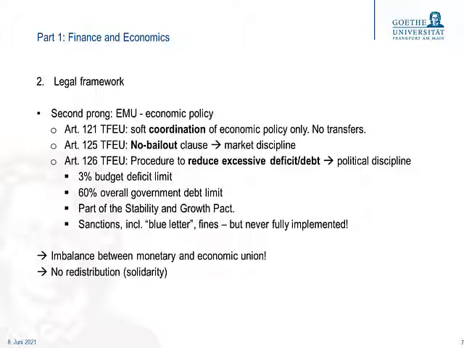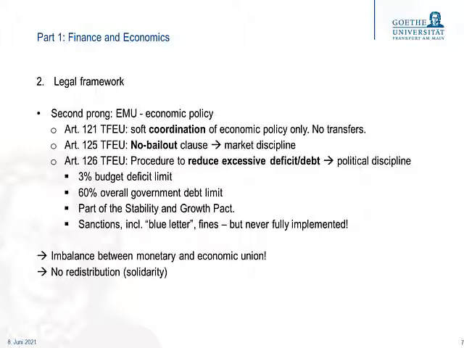By contrast, Article 121 of the Treaty on the Functioning of the European Union only provides for soft mechanisms of coordination of economic policy. So we don't have a common labor market policy. We don't have a common fiscal policy. We only have a broad, soft, non-binding framework in order to ensure a broadly common approach. But there's no harmonization.